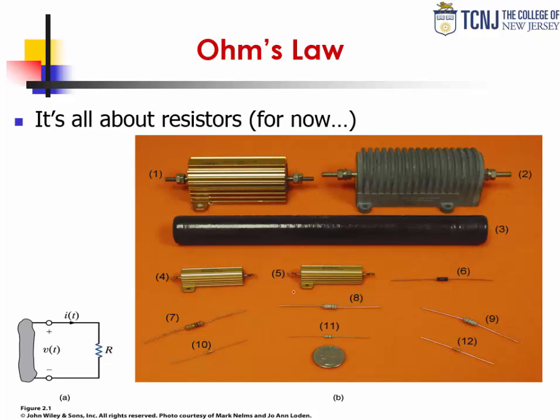For example, here we have several resistors. These two here may have the same resistance value, meaning that if you apply the same voltage across both of them, you're going to allow the same amount of current. However, a resistor that is larger will be able to dissipate that much more power than another resistor that is smaller, such as this one.